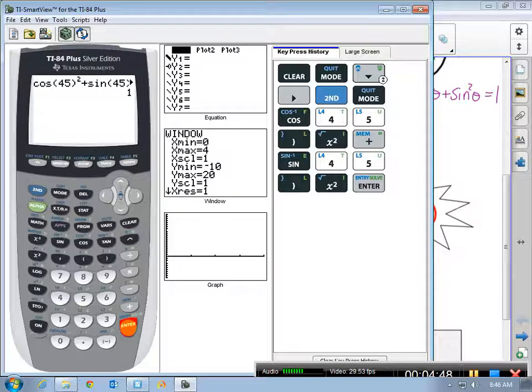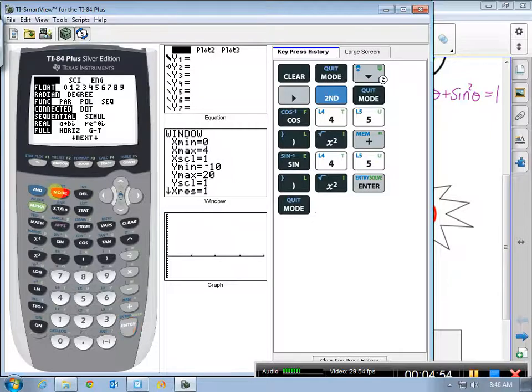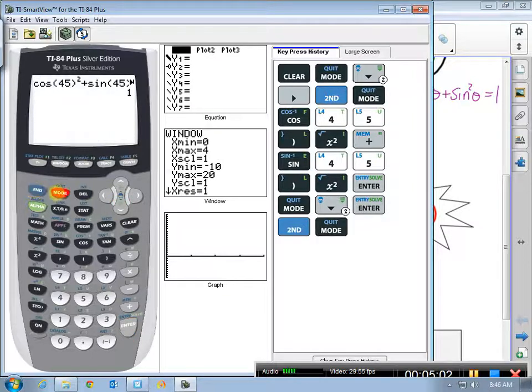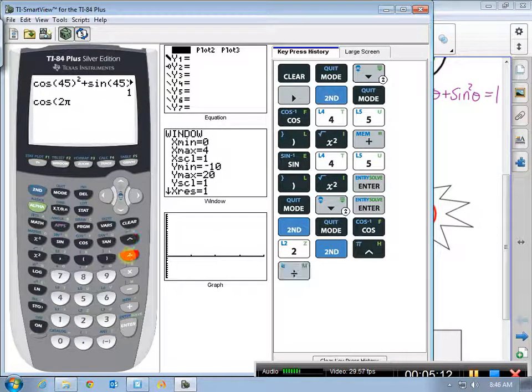Let's try the next one. It says cosine squared 2 pi over 3. I'm just going to switch my mode. How does it keep going back to radians? Interesting. I never switched it last time. That would still give you 1, even if those were radians. All right, cosine of 2 pi divided by 3.